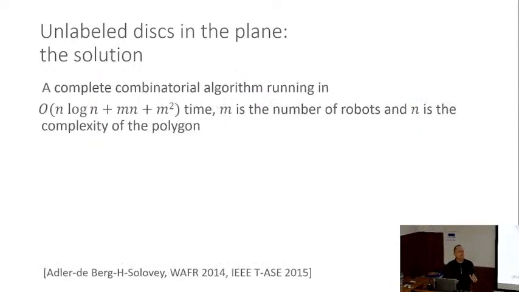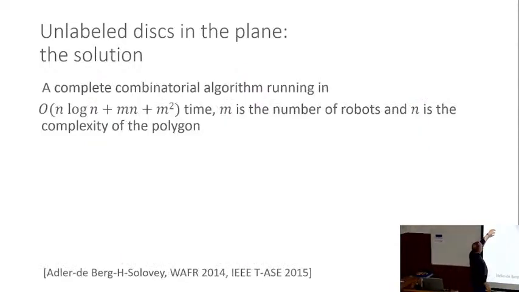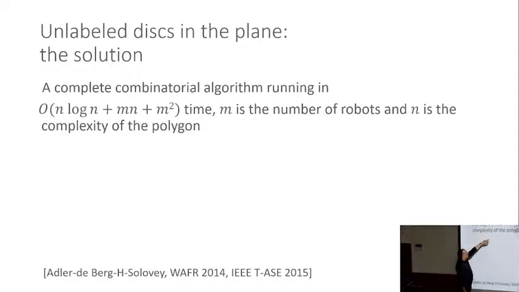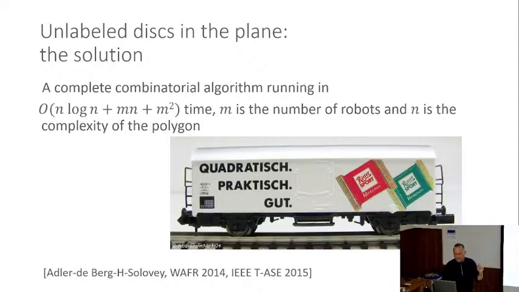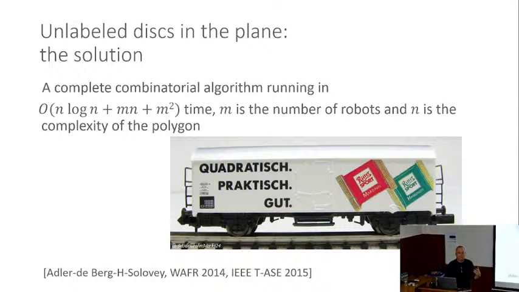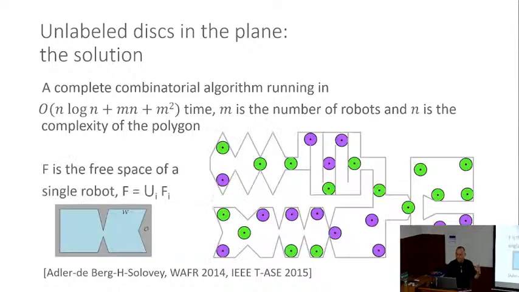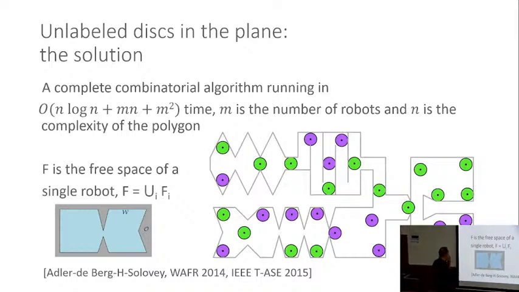For this, we have an algorithm with running time n log n plus mn plus m squared, where m is the number of robots and n is the number of sides of the polygon. The main question that we asked ourselves is, how come this presumably PSPACE-hard problem has such an efficient solution?